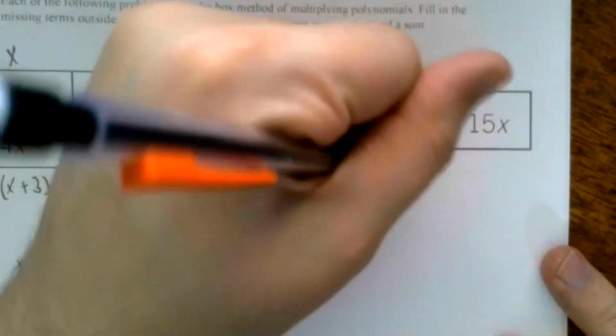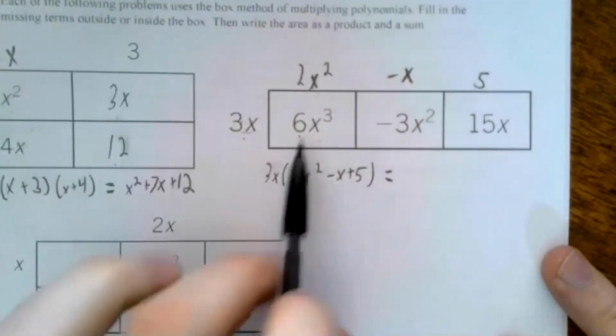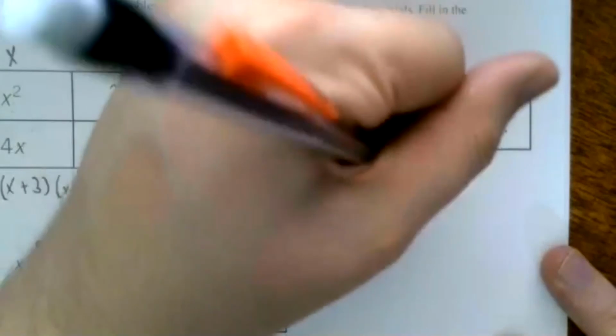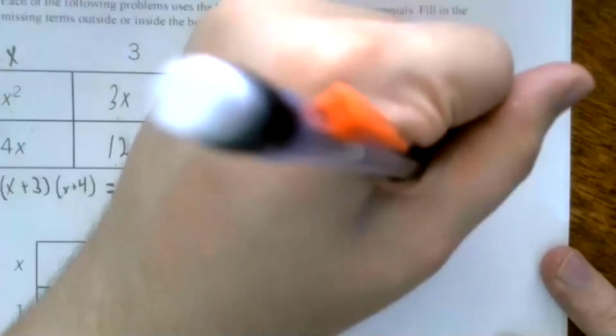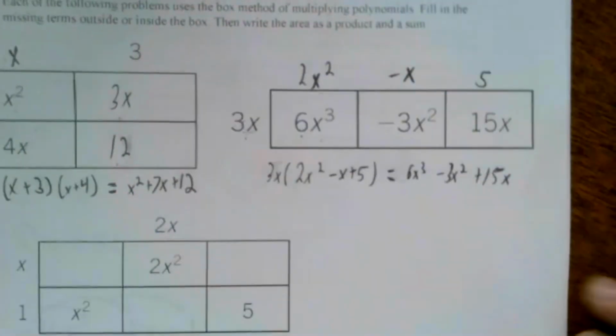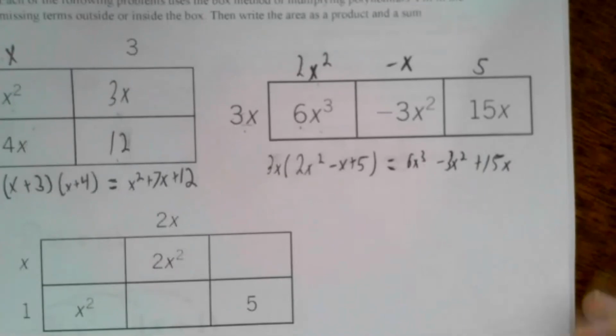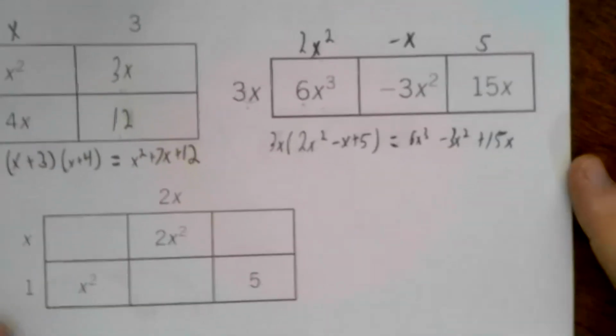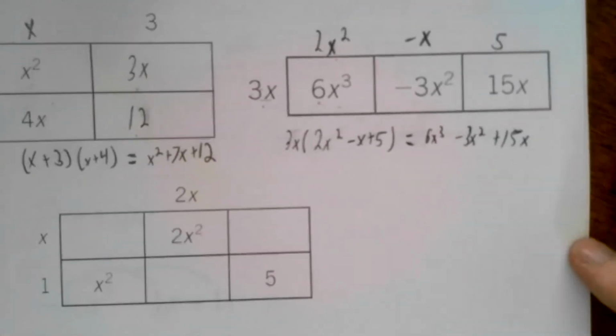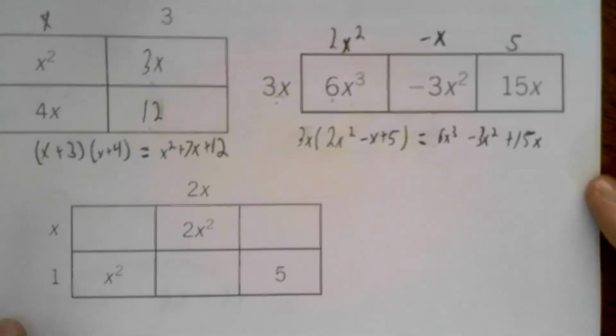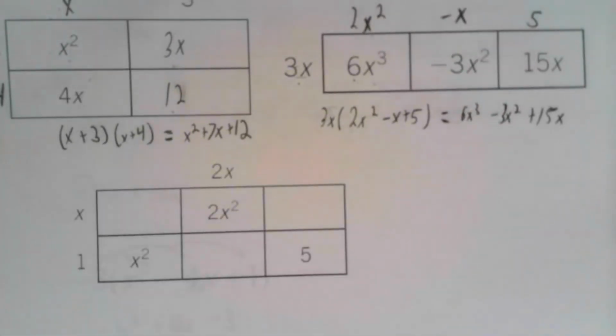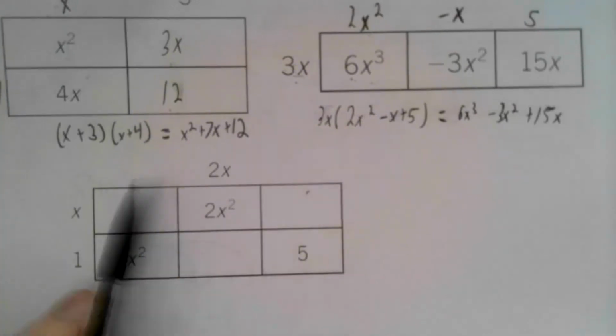And that's equal to, and I just rewrite what's in the boxes, 6x to the third minus 3x squared plus 15x. All right, so I've done that, and now I can do the last box. What do we want to fill in first? Do we want to fill in one of the boxes, or do we want to fill in what's up here?